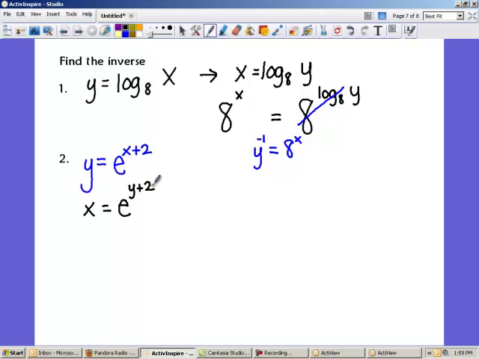So, just like adding is the opposite of subtraction and will cancel each other out, the ln of e will cancel it out. So we're going to take the ln of both sides. And because we took the ln of an e, it cancels out and we're left with y plus 2.